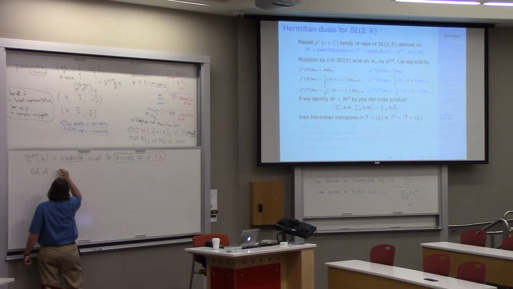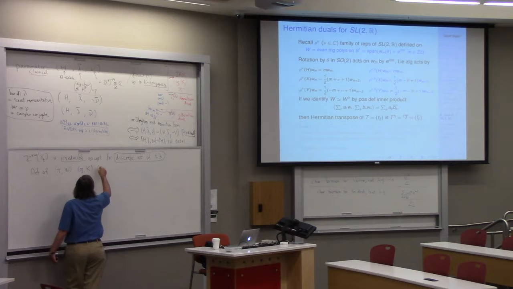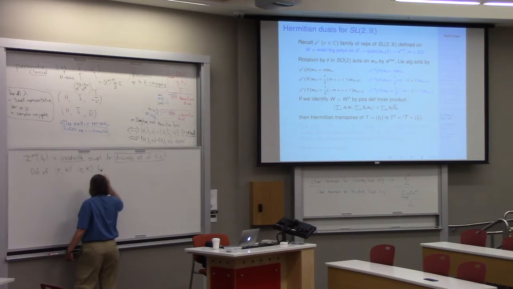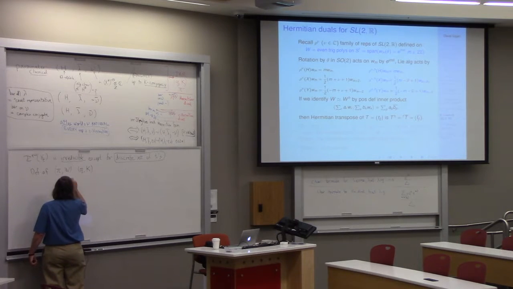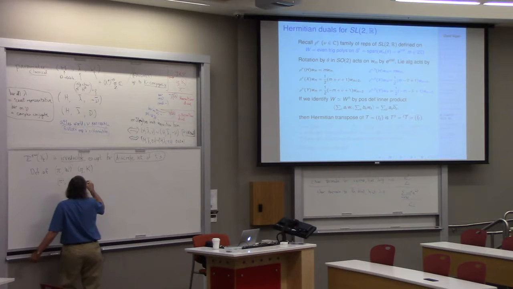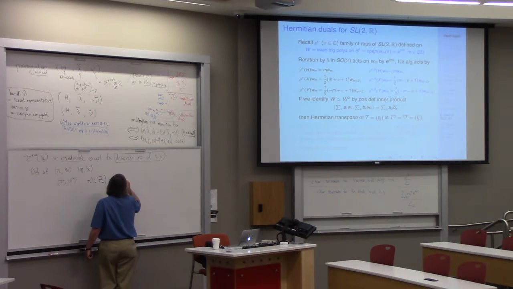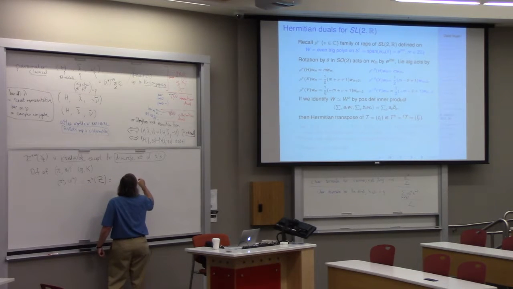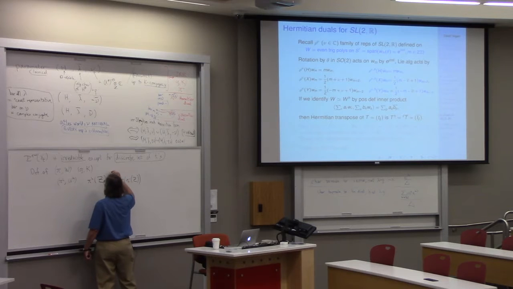If pi is a (g,K) module, then the definition of pi h is: pi h of Z is you take pi of sigma 0 of Z, and then you take the Hermitian transpose of that.